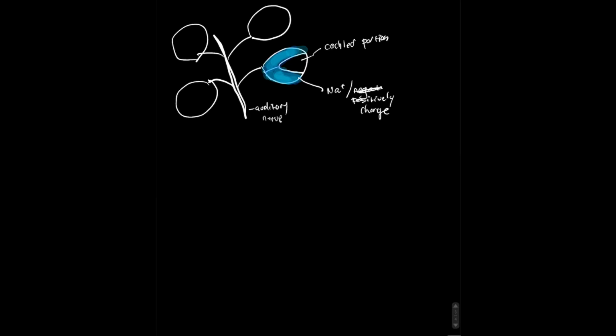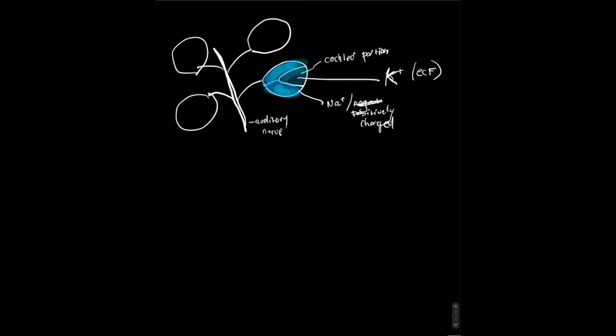However, the cochlear partition here is a little bit different. It's an exceptional fluid in that it has a higher amount of potassium. Its extracellular fluid is more intensely potassium rich, and in that sits the actual nerve structures, which we'll talk about.